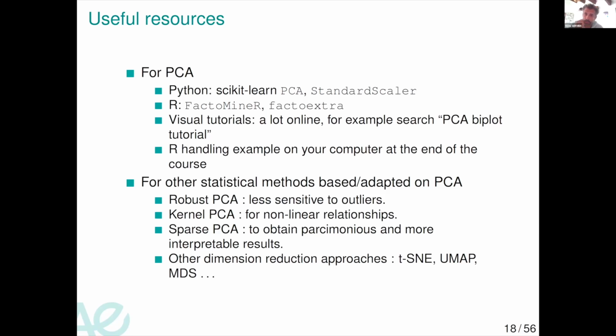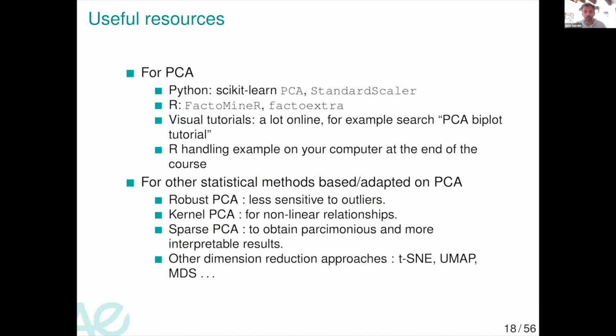So as I say, it's a very common and old method, so a lot of derivatives have been implemented. For example, to deal with outliers or to deal with nonlinear relationships, because here, as I said, the principal components are linear combinations of the original variables.